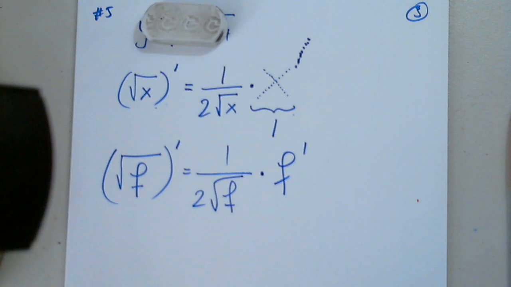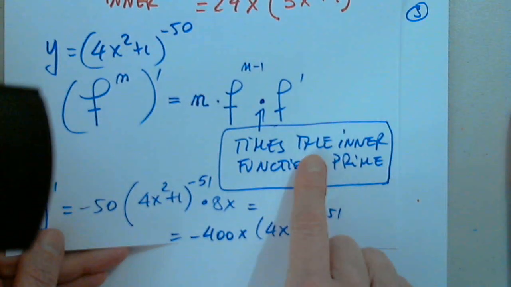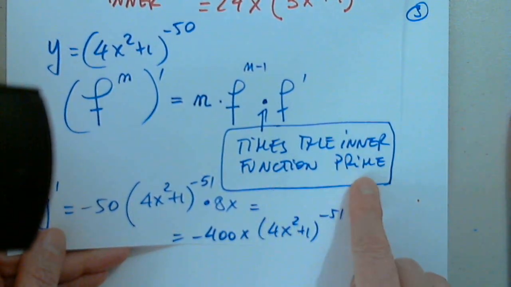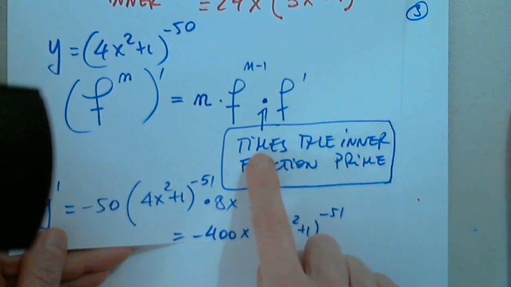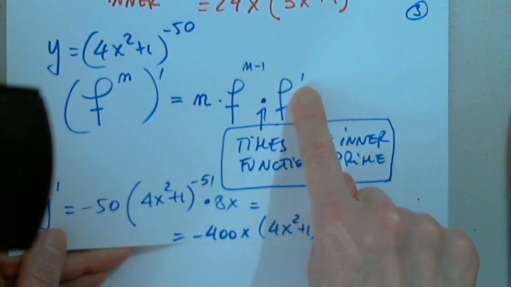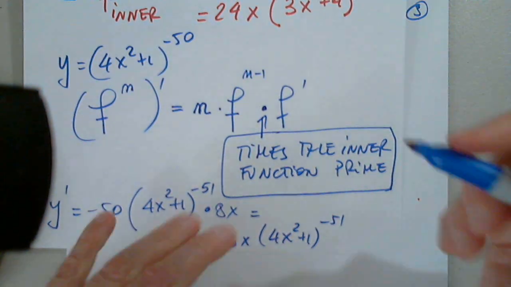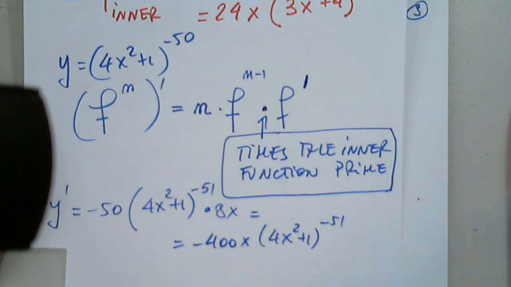Thank you. Times the inner function prime. Not times the inner function, times the inner function prime. Maybe that was not very clear here. It's my fault.